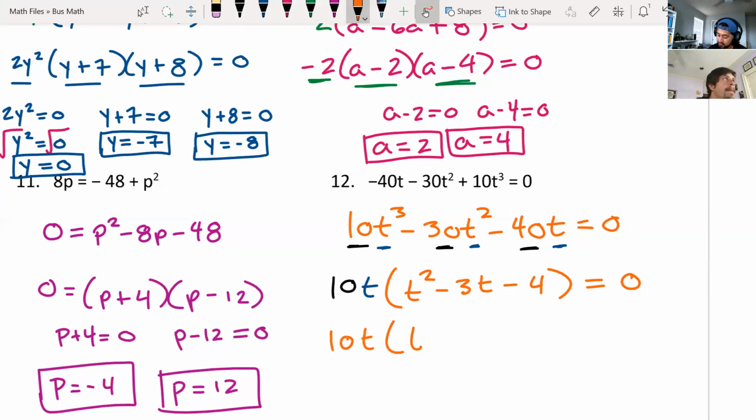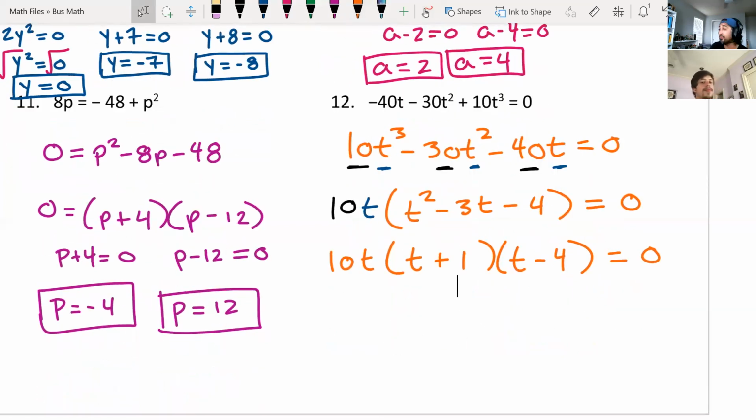So this means you'll get t plus a number, t minus a number equal to 0. And what are the only factors of 4 that can make 3? 4 and 1. And since 3 is negative, the bigger number 4 will be negative, and the smaller number 1 will be positive. This is correctly factored. And now you can set each term equal to 0.